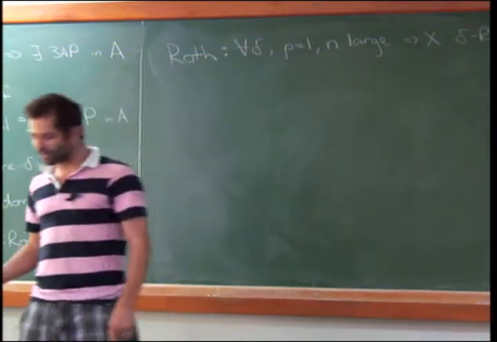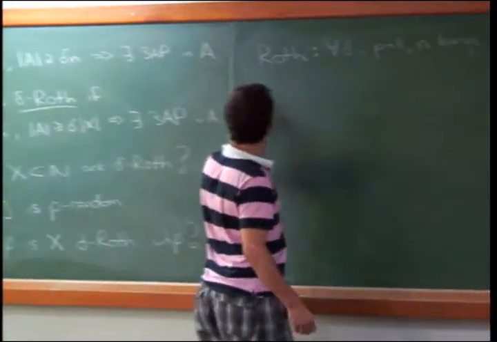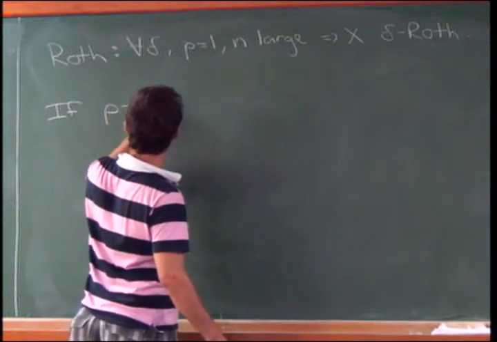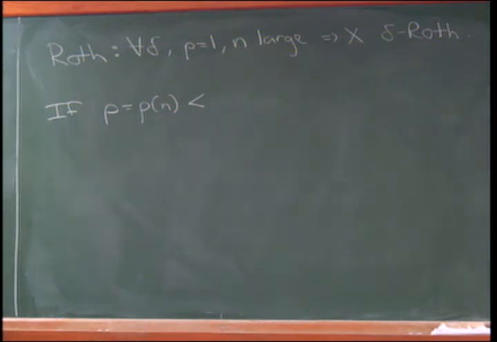If p is really, really small, so p is a function of n, then X won't contain any 3-term arithmetic progressions at all. So it definitely won't be delta Roth.